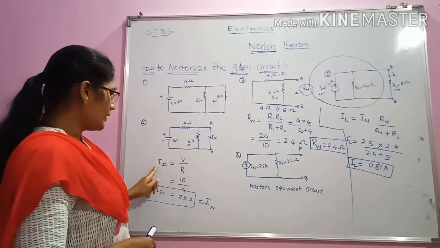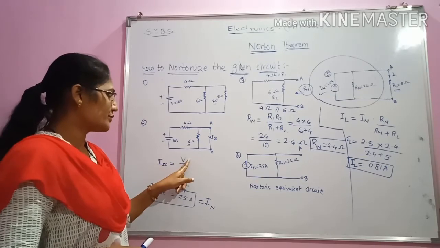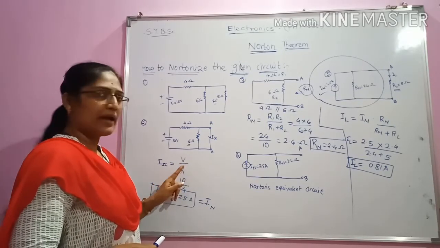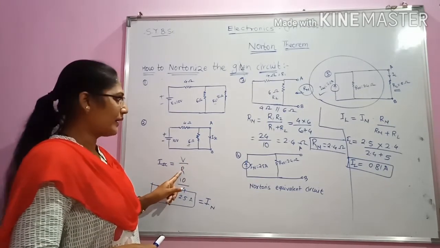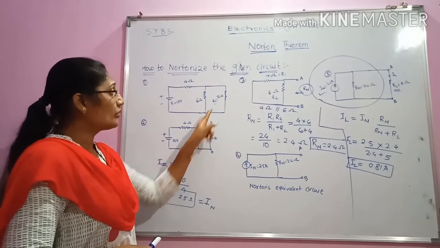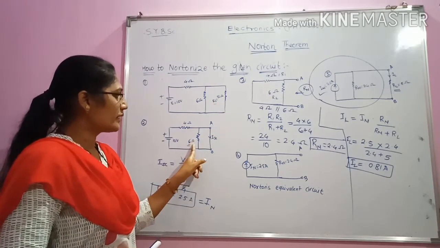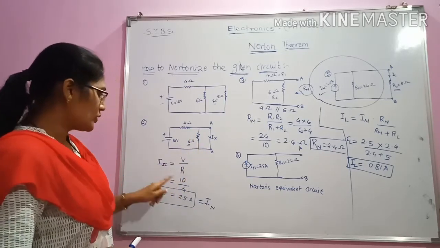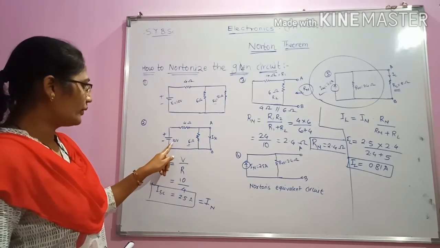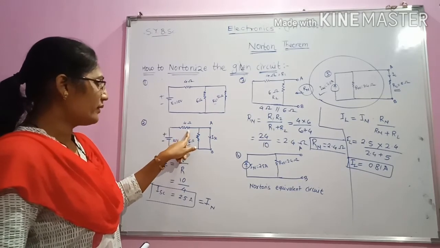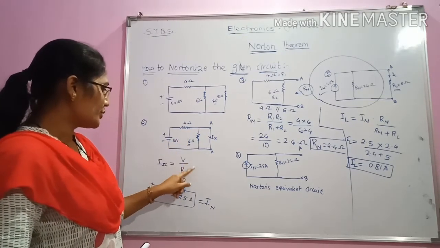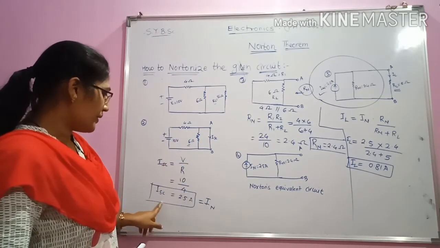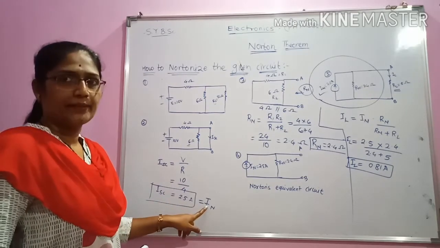Its value is found by substituting the values of V and R in the formula V by R, as this RL and this resistance are parallel, it also gets removed. So in the circuit we will have only the 10 volt source and a resistor. We substituted their values and found out the value of IN.